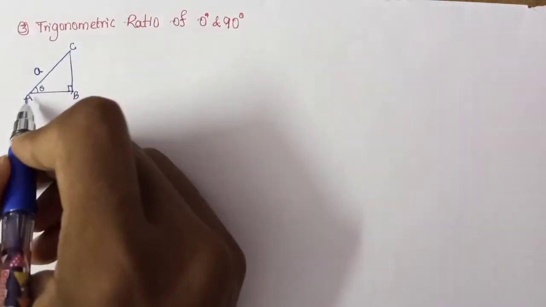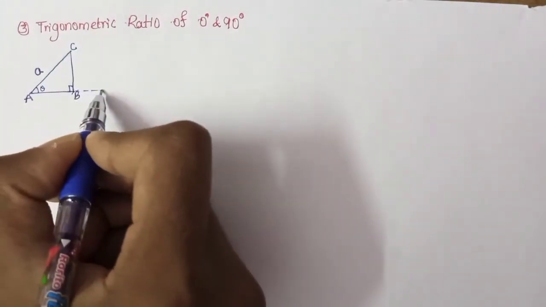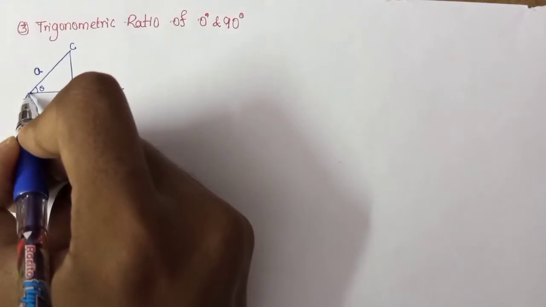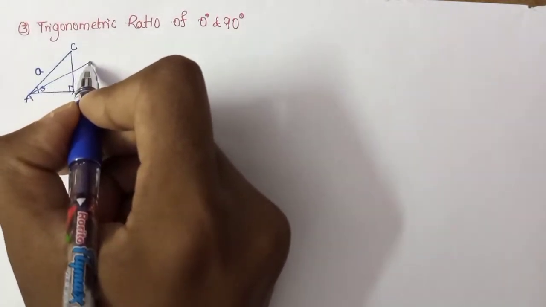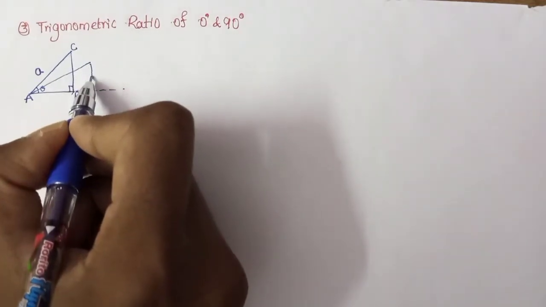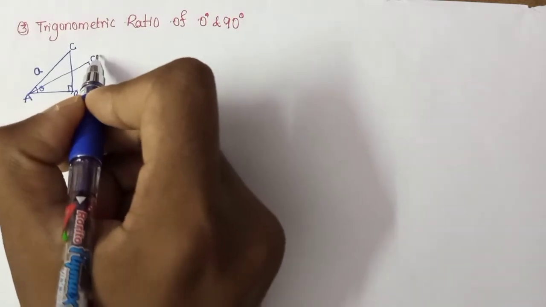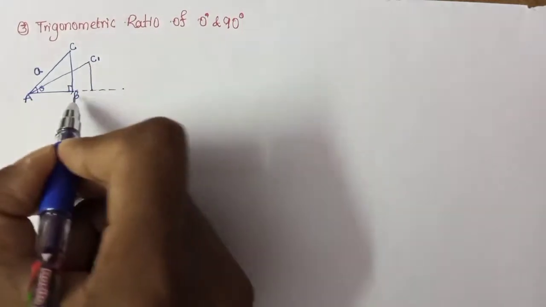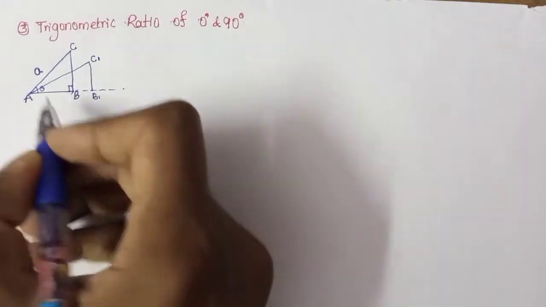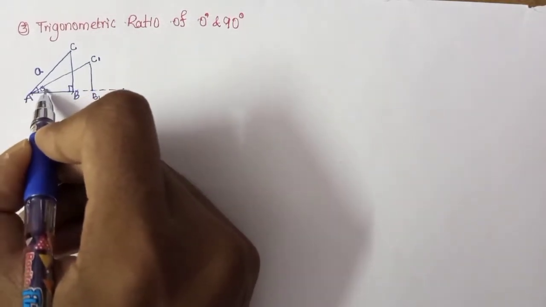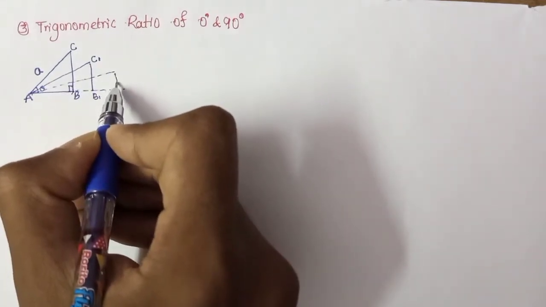If we bend this AC towards the side AB, what will you get? If you bend this, it comes like this. So if this is C, this is the new C position, let's say C1. This is the new B position, let's say B1. If you further rotate towards this side, you will get this.